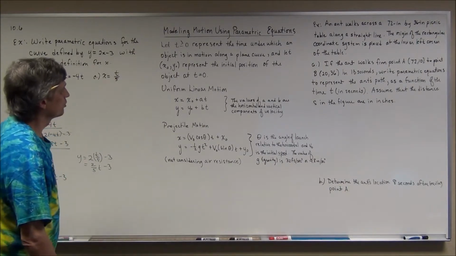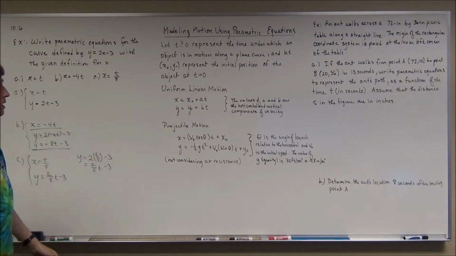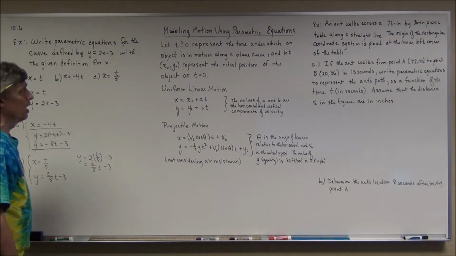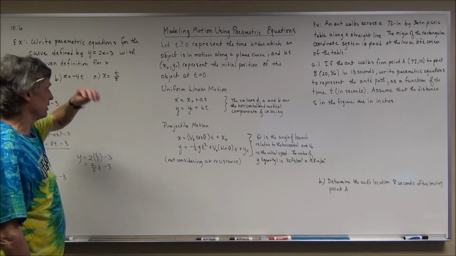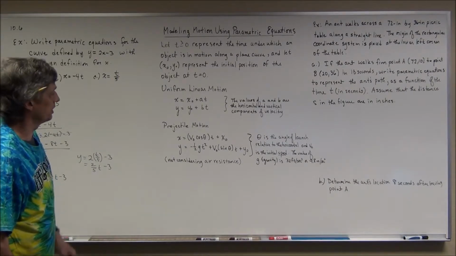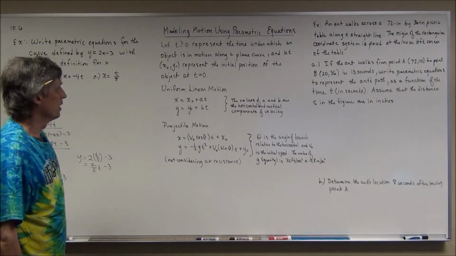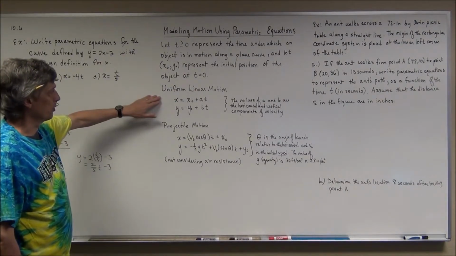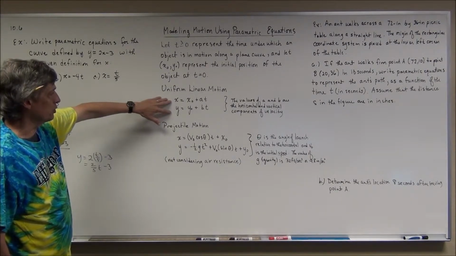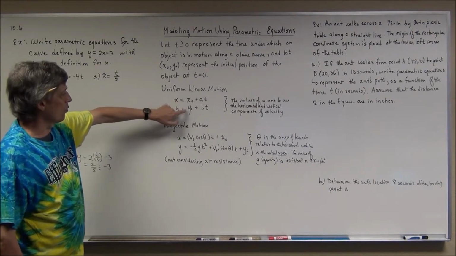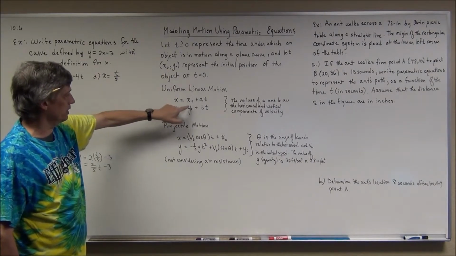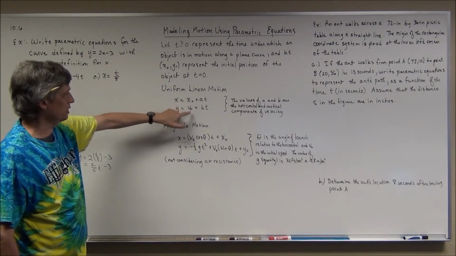We let t be greater than or equal to 0 represent the time under which an object is in motion along a plane curve. And we let x sub 0, y sub 0 represent the initial position of the object at time t equals 0. So uniform linear motion, and you can see we have these two parametric equations. T is our parameter again, and x sub 0 and y sub 0, as we were just talking about, are our initial placement.